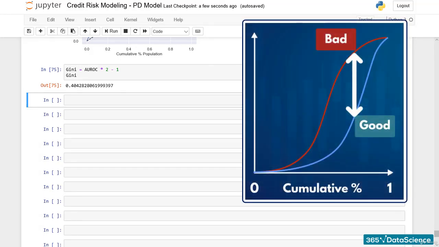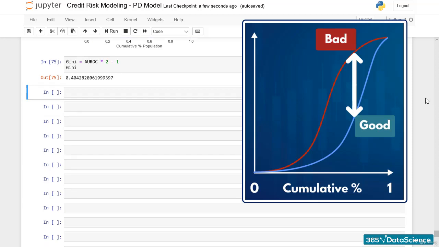Time for our second measure, KS. The Kolmogorov-Smirnov statistic measures the distance between two cumulative distribution functions. The further apart they are, the better the underlying feature differentiates them. In our case, we are interested in the difference between the cumulative distribution functions of actual good borrowers and actual bad borrowers, plotted by estimated probability of being a good borrower.